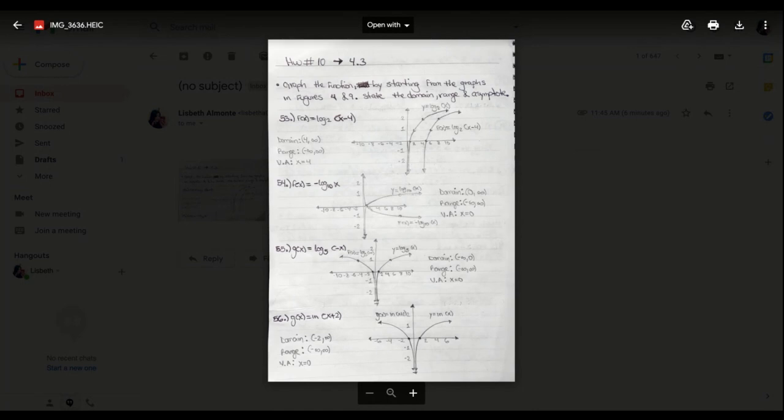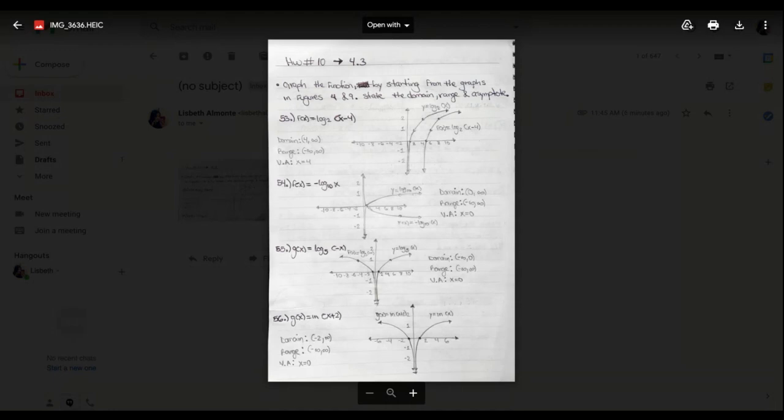It's shifting 4 units to the right, and that's it for the graph, because we are only adding this negative 4 to the original function, y equals log 2x.